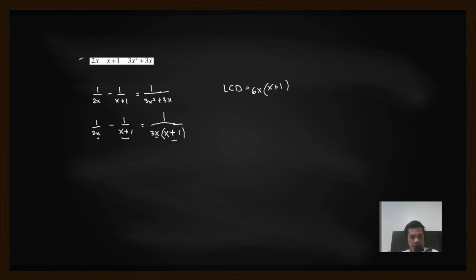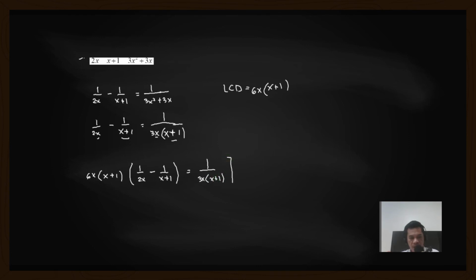We multiply the LCD to both sides of the equation. So our LCD is 6x times the quantity x plus 1. Okay, and then we have here 1 over 2x minus 1 over x plus 1, close, and then the other side, 3x times the quantity x plus 1, close.